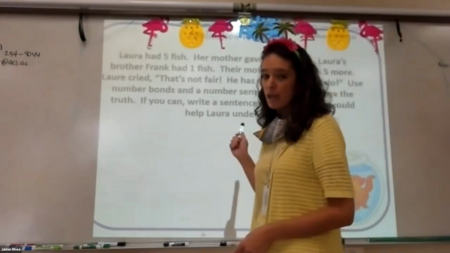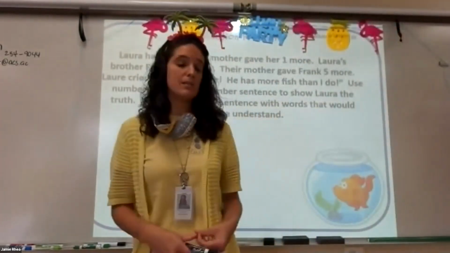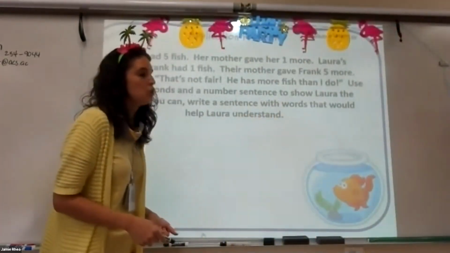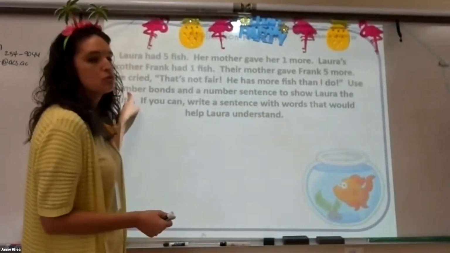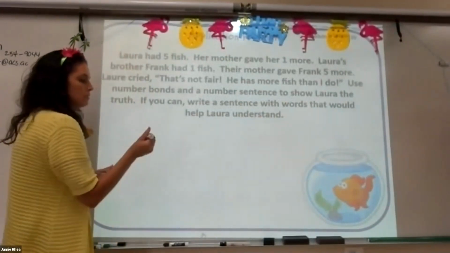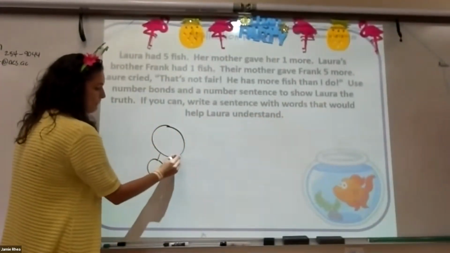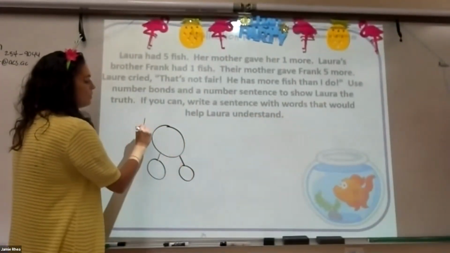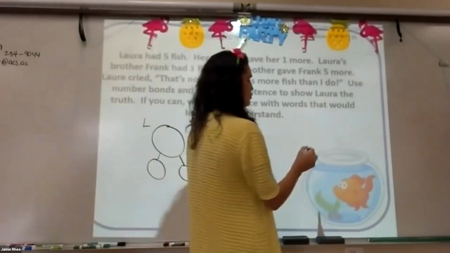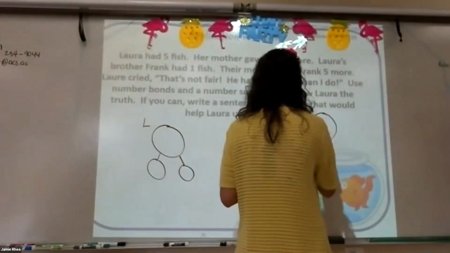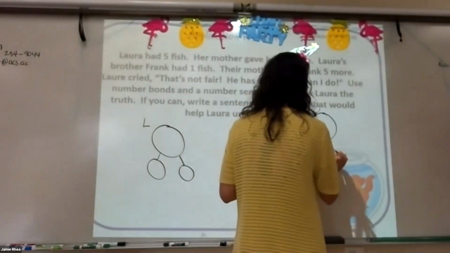Okay, that's a lot of information in that story, so let's look at what we have to do. We have to use number bonds. So I'm going to do like I did yesterday. I'm going to make 2 number bonds. I'm going to label 1 for Laura. I'm going to come over here and draw my other. And 1 for Frank.